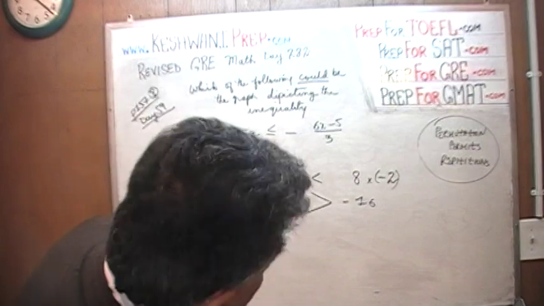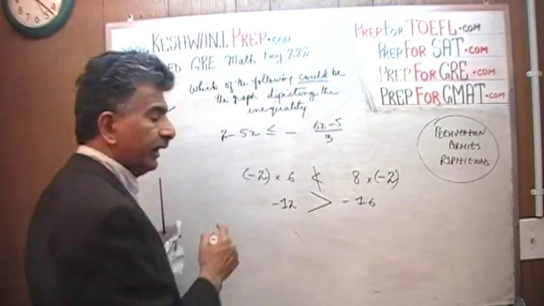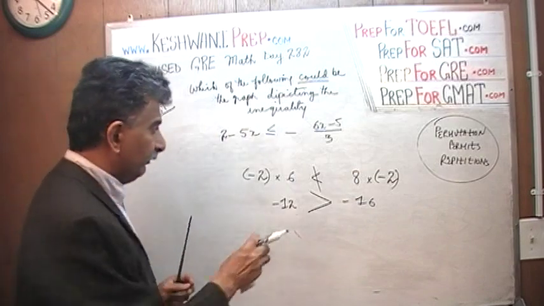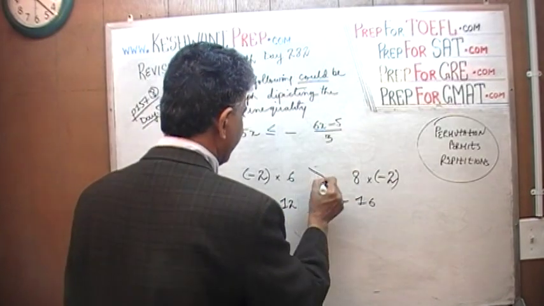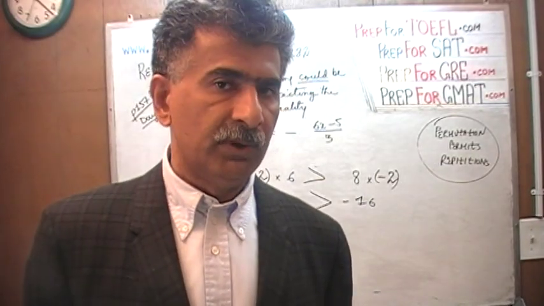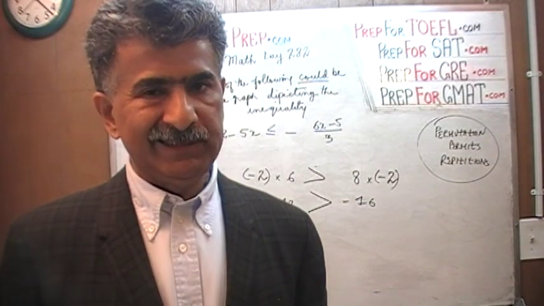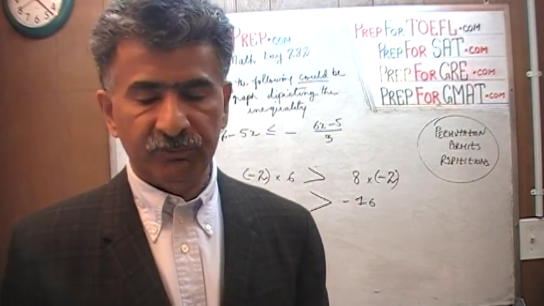So as soon as we multiply both sides of the inequality by a negative number, we have to switch the direction of the inequality. That's the only thing that we have to keep in mind. Everything else is the same.